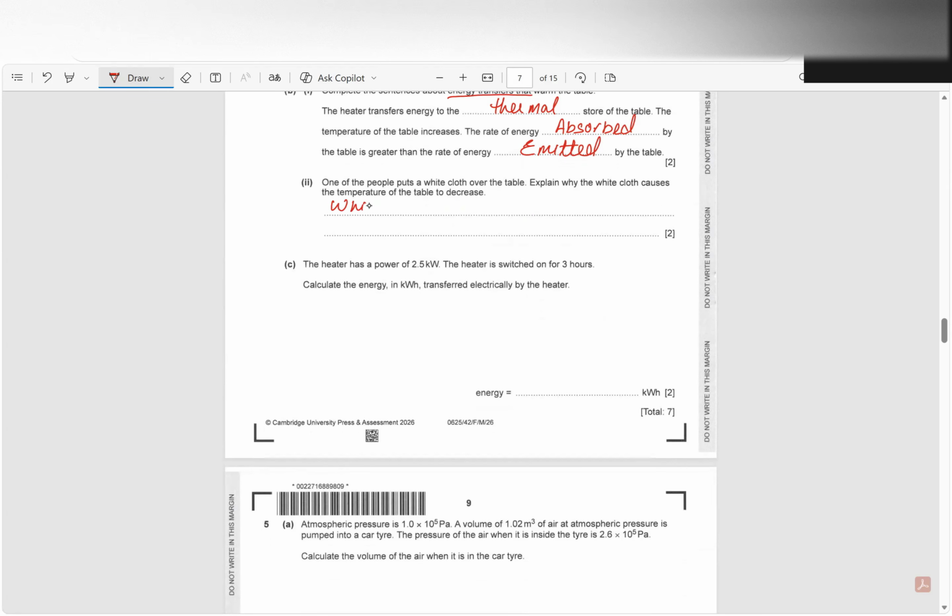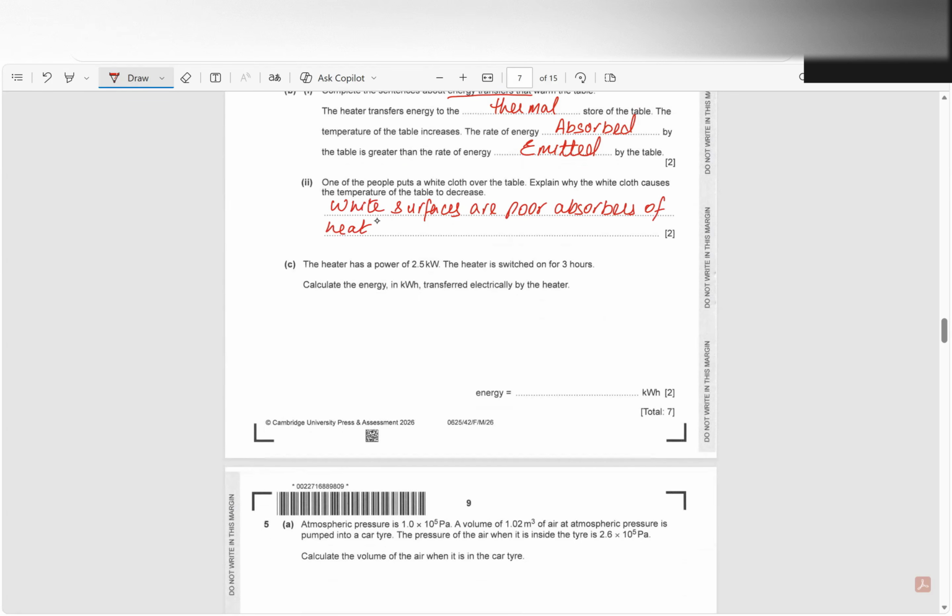white surfaces are poor absorbers of heat.